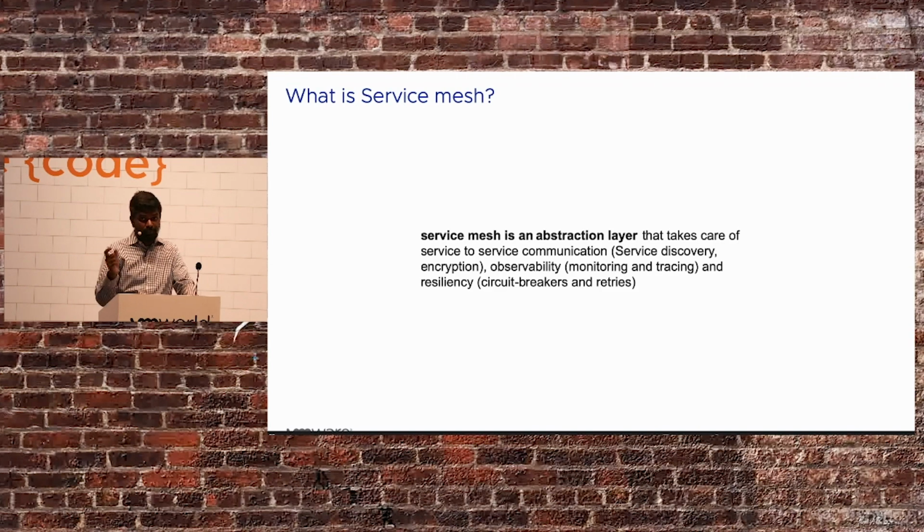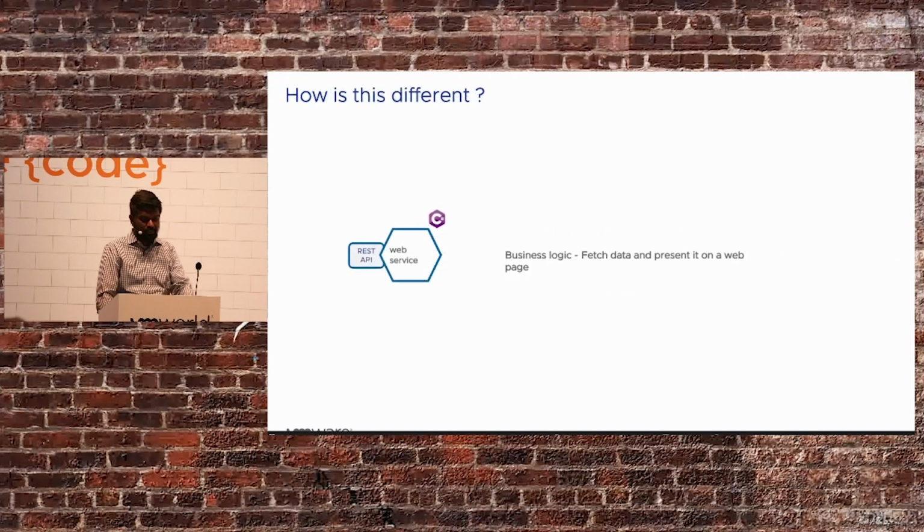If I need to encrypt the communication between the services, if I need to enable mutual TLS, as an example, that's a way for me to do it. And start to provide observability tools, meaning can I provide monitoring, can I provide tracing? If I need to do circuit breakers, as an example, if I need to do retries. So how do I enable all of this in a way that is abstracted away from the code that I'm actually creating? That is really what service mesh is aiming to solve for. And key there is that abstraction layer, right?